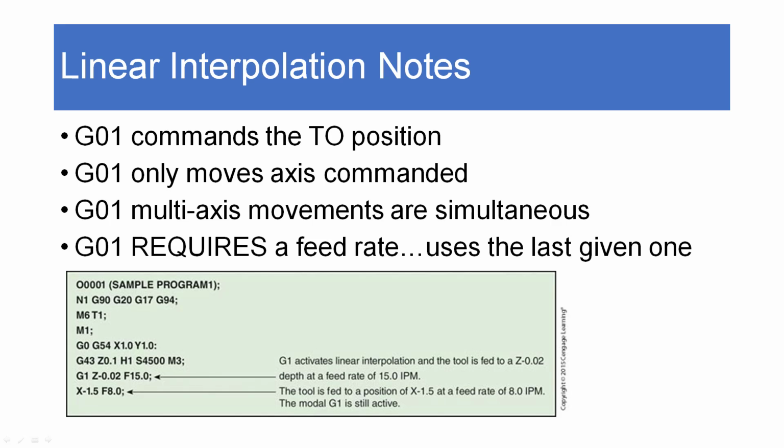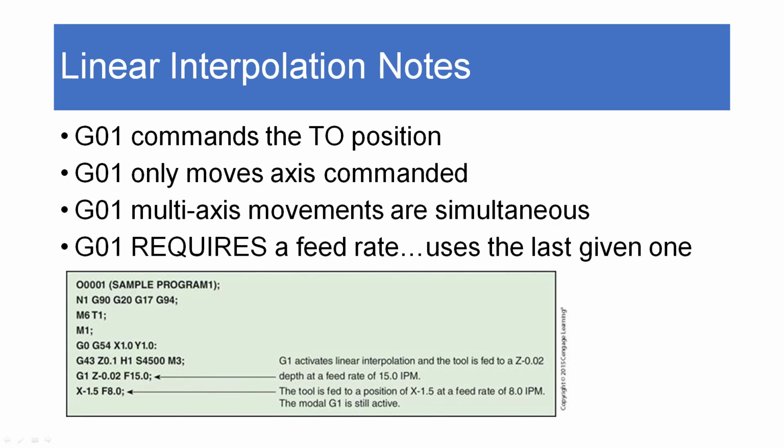Got to have a feed rate in here, guys. If you didn't give a feed rate, remember that our feed rate, the F word, is a modal command. It will stay at its last given feed rate for all subsequent movement commands. So the big question here is, what if I don't give it a feed rate at all?